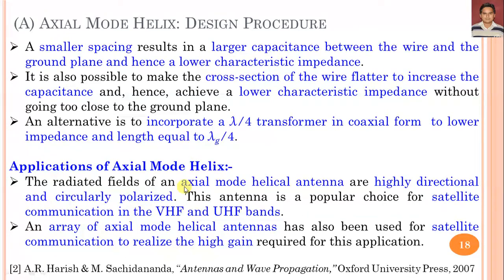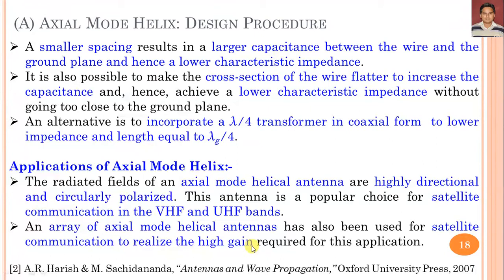The radiated field of an axial mode helical antenna is highly directional and circularly polarized, as we have discussed. This antenna is a popular choice for satellite communication in very high frequency and ultra high frequency bands. An array of axial mode helical antennas has also been used for satellite communication to realize a high gain required for this application.